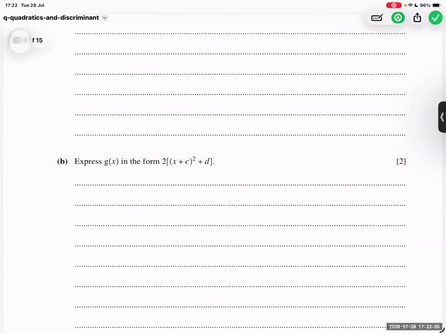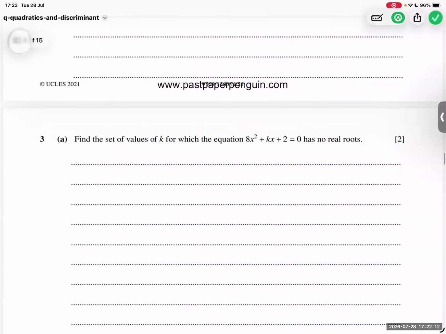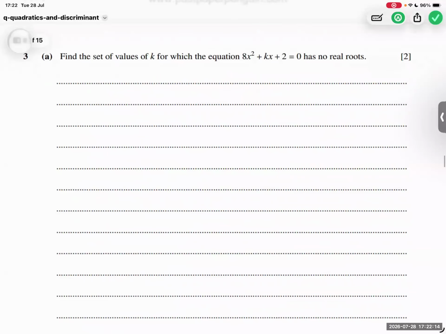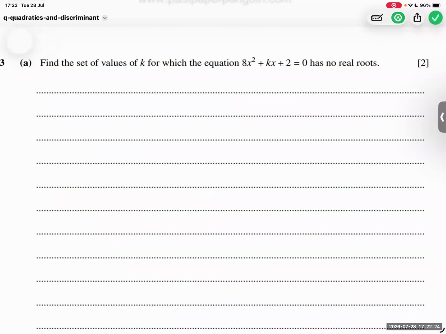Next is, okay, functions. We're going to start functions after this. That's the same thing for completing the square. Yes, for no real roots. They ask to find the set of values of k for which this equation has no real roots. Can you tell me how it's going to work?